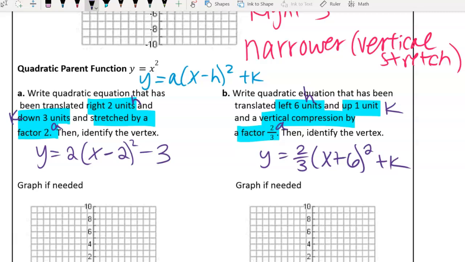And when you're ready, go ahead and check your equation with mine. We should have y equals 2/3 (x plus 6) squared.